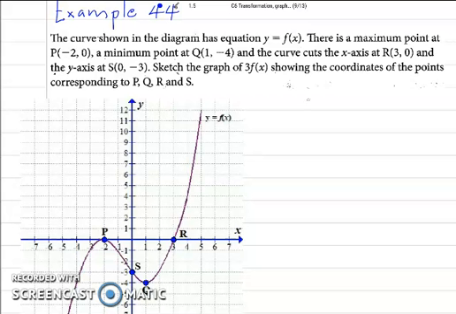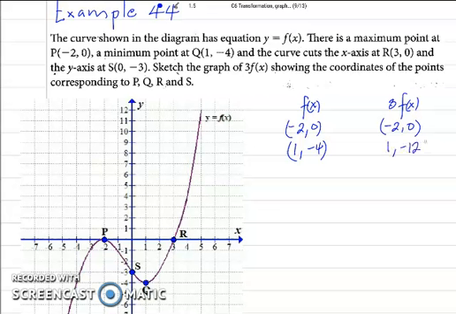So we have f(x), and we have 3 times f(x). So points like (-2, 0) remain (-2, 0). (1, -4) becomes (1, -12). So we're going to multiply the y coordinate by 3.